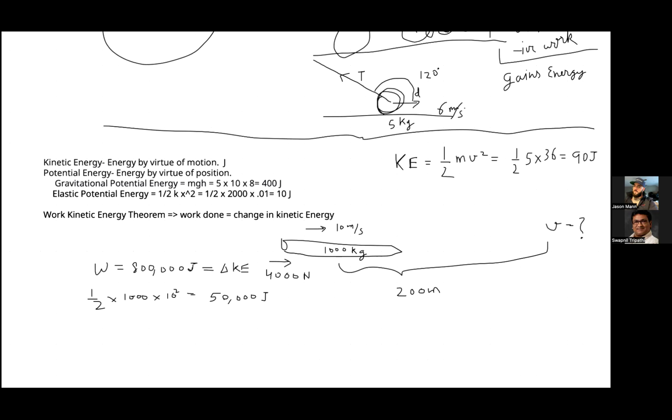So what will be the total kinetic energy, final? KE final is equal to 850,000 joules.